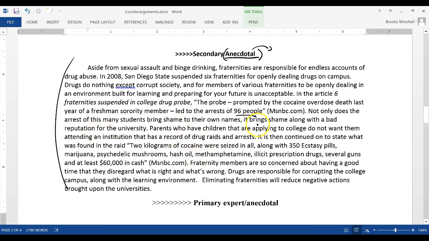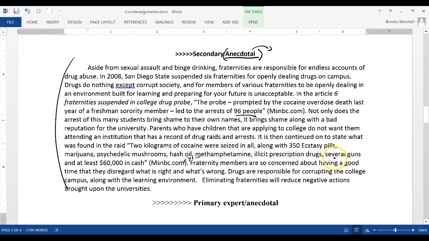Parents who have children that are applying to college do not want them attending an institution that has a record of drug raids and arrests. It is then continued on to state what was found in the raid. 2 kilograms of cocaine were seized in all, along with 350 ecstasy pills, marijuana, psychedelic mushrooms, hash oil, methamphetamine, illicit prescription drugs, several guns, and at least $60,000 in cash. And he forgot the year here for his source.